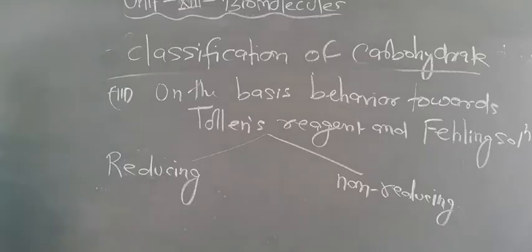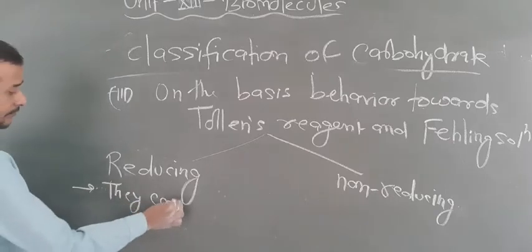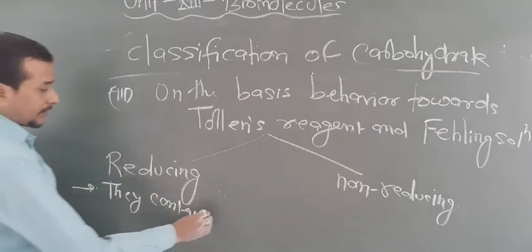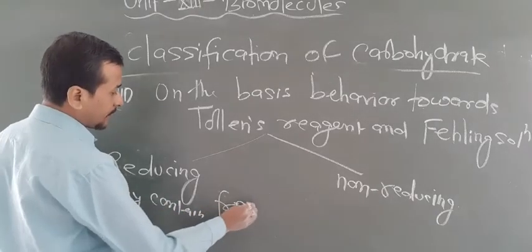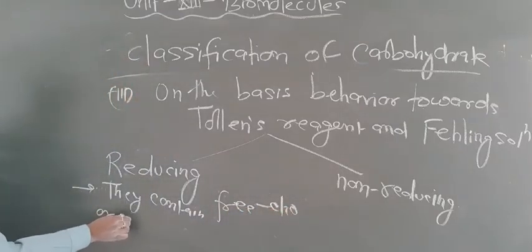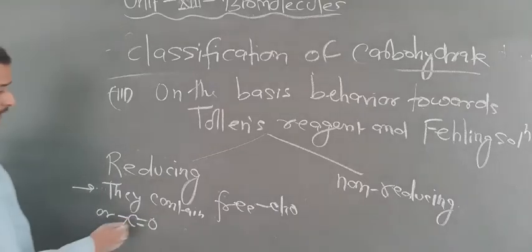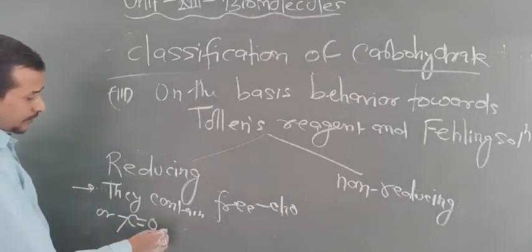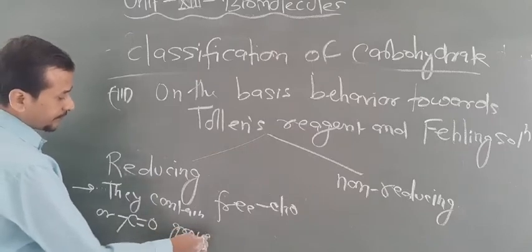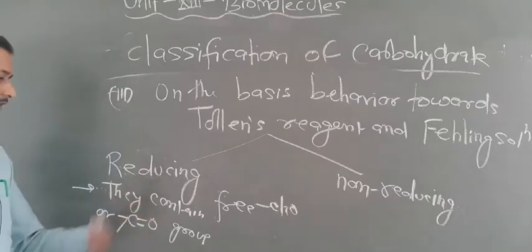Basically the reducing sugars contain a free CHO or ketonic group. They contain a free aldehyde group or ketonic group, so they can reduce Tollens reagent and Fehling solution, hence they are known as reducing sugars.